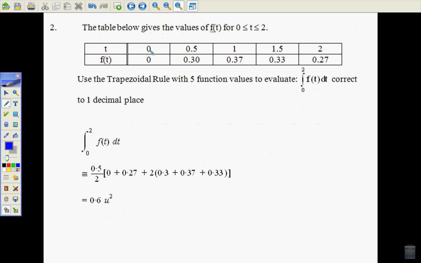Again, using the table here, we can see that our h value goes up a half, up a half, up a half, so our h value is a half. Our first y value is 0, our last y value is 0.27, and then 2 times the rest, so 2 times 0.3 plus 0.37 plus 0.33. And then put it into the calculator to one decimal place.